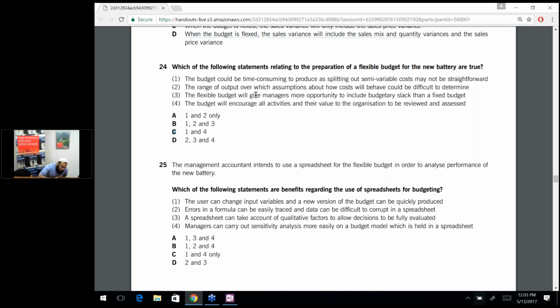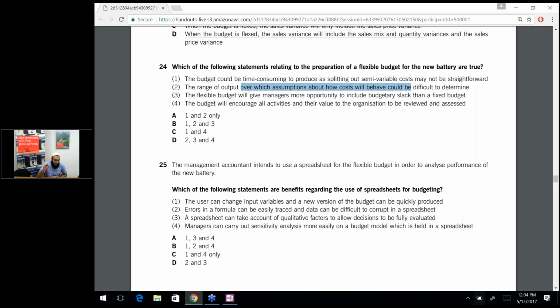The range of output over which assumptions about how costs will behave could be difficult to determine. Is this correct? Yes, because the cost may be semi-variable, variable, or fixed, so it will be difficult to determine how the cost will behave. There could be semi-fixed cost as well, and step fixed cost as well.